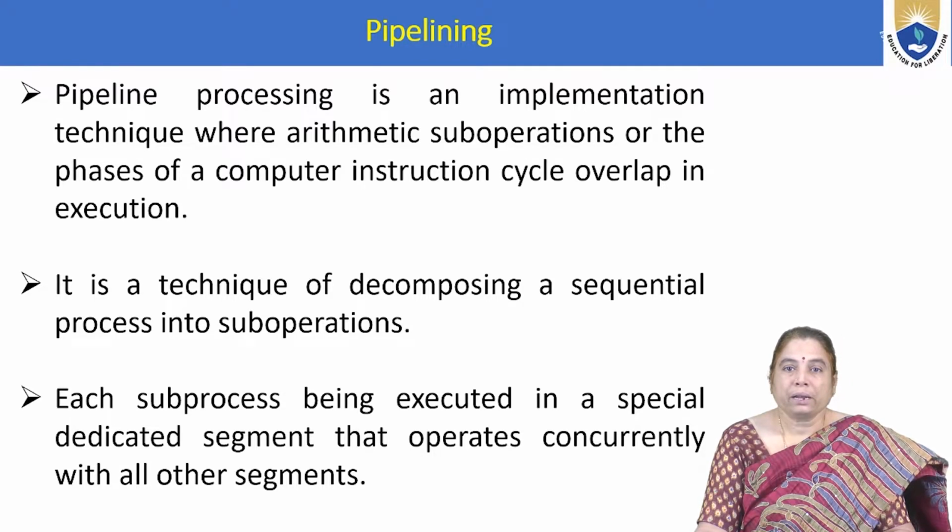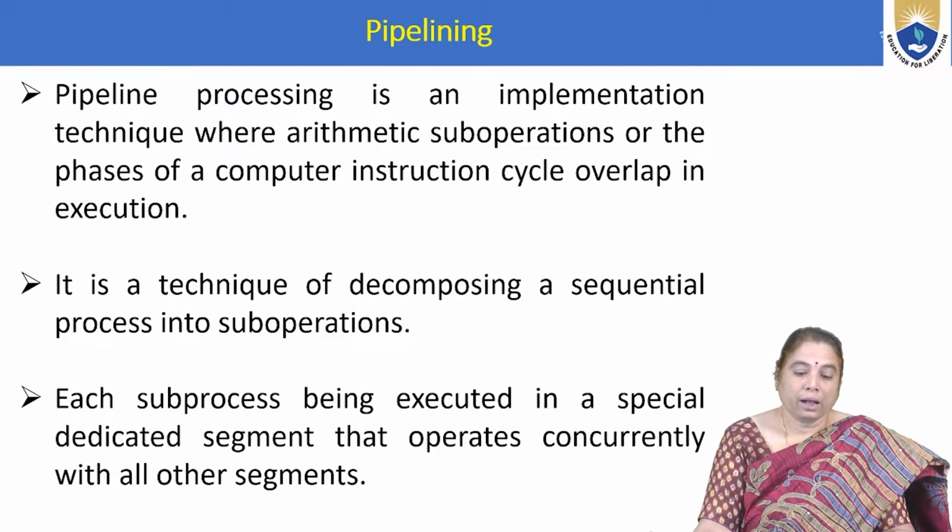The second method is pipelining, with the help of which parallel processing capabilities can be supported. What does pipelining mean? Pipelining is an implementation technique where the arithmetic sub-operations or the phases of the instruction cycle can overlap in execution.